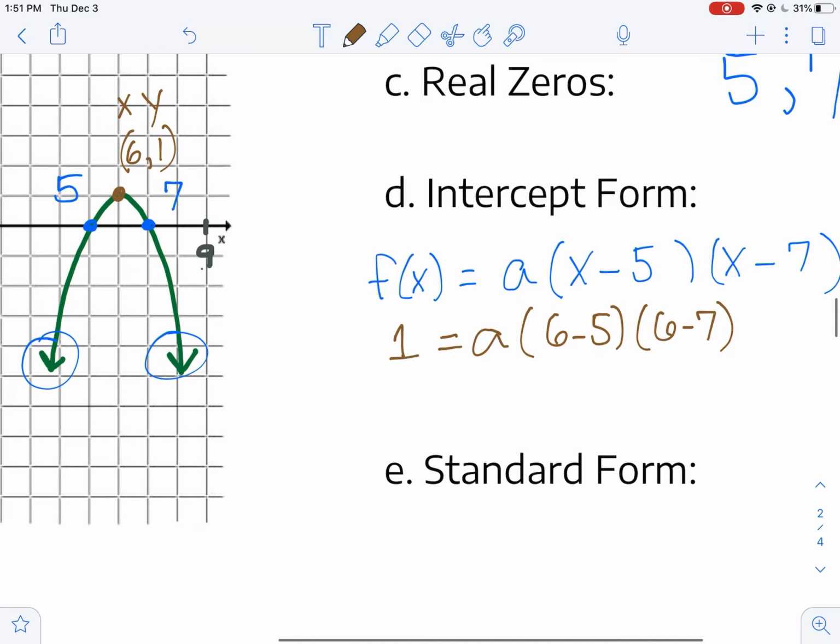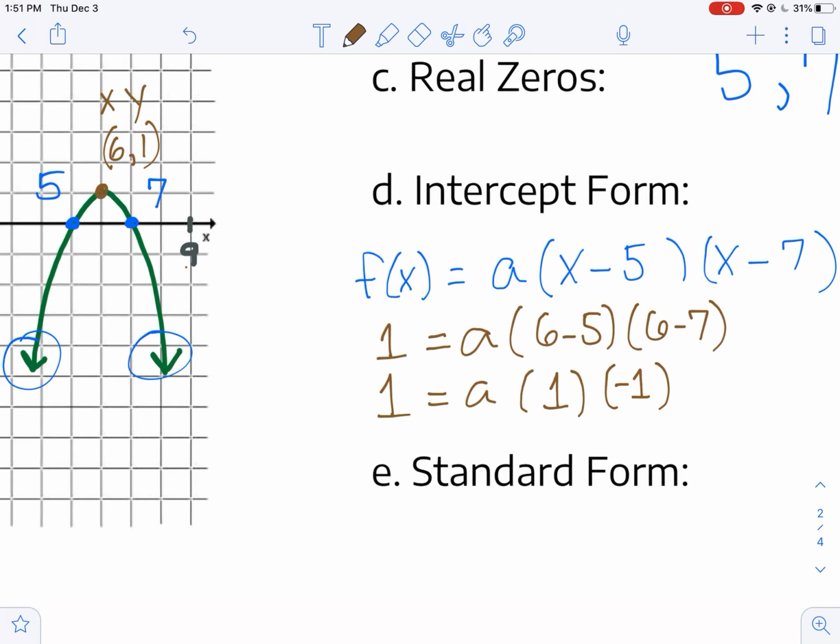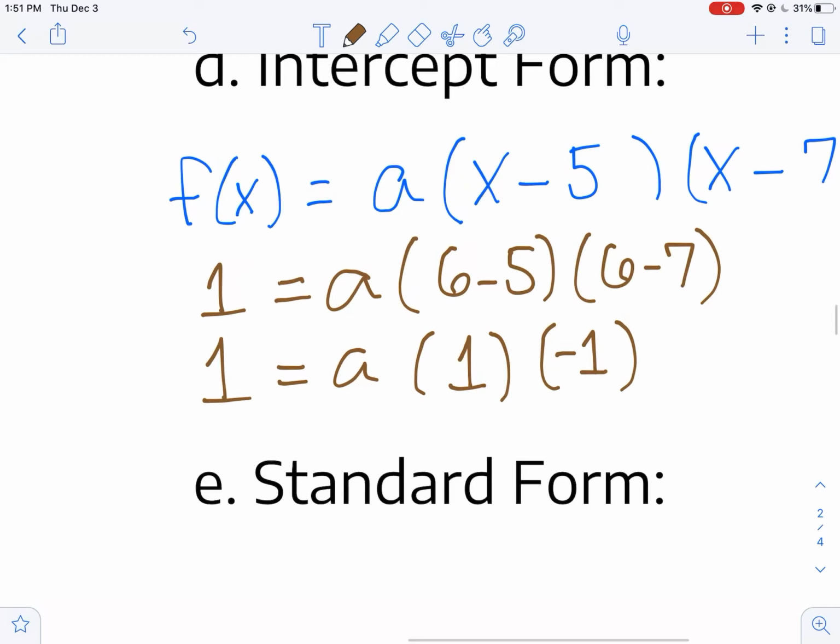Now I just multiply it out. A times 6 minus 5 gives me 1. 6 minus 7 gives me negative 1. And over here we've got positive 1. Again, I'm just solving this. 1 times negative 1 gives me negative 1. So I get 1 equals negative 1 times a.